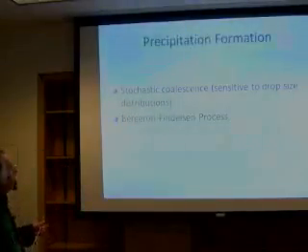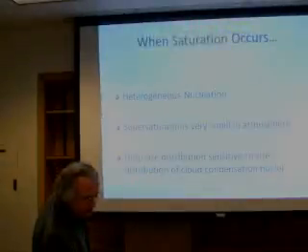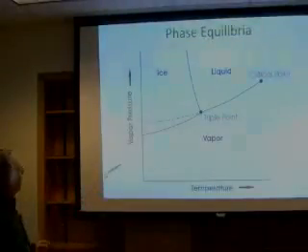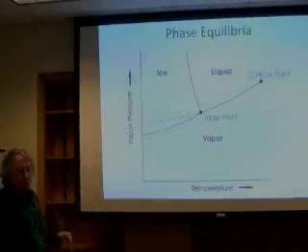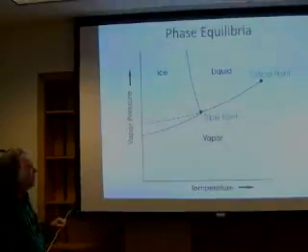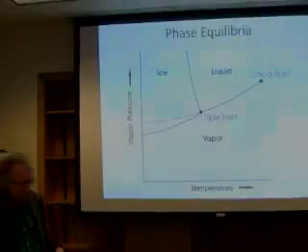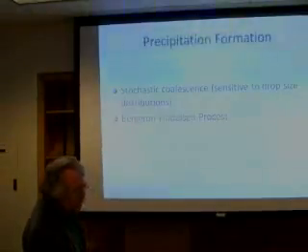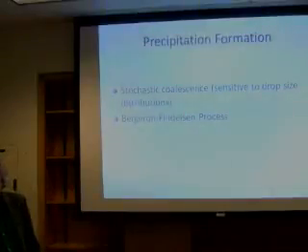Another is something called the Bergeron-Findeisen process, and it makes use of the fact, I'll reinsert this slide, that the saturation vapor pressure over ice is smaller than the saturation vapor pressure over water at the same temperature. So if you have a supercooled water droplet cloud with very small droplets, and an ice crystal falls into that cloud, the vapor will be very much supersaturated with respect to the ice.